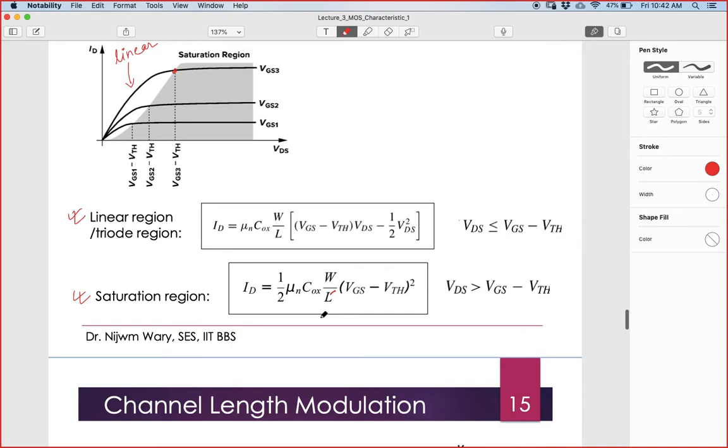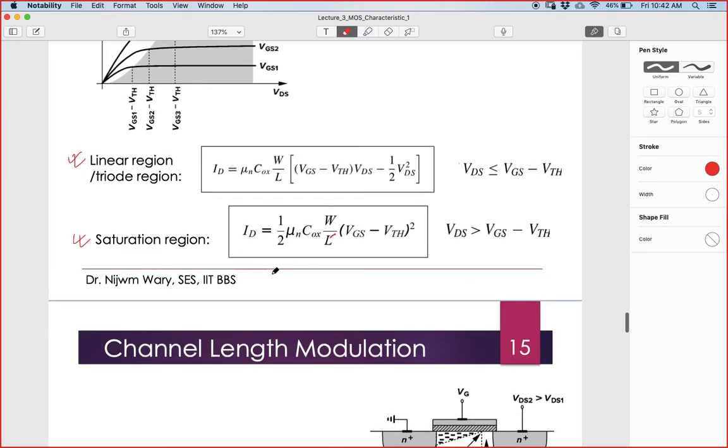But then how do we find this L dash? I have to write it in terms of L, right? So we can write L dash in terms of L, and these equations need to be modified.